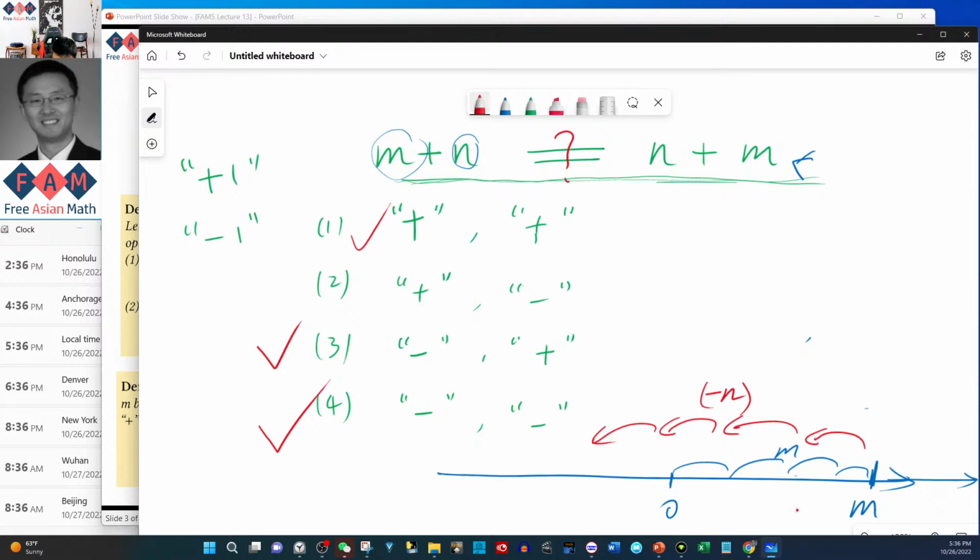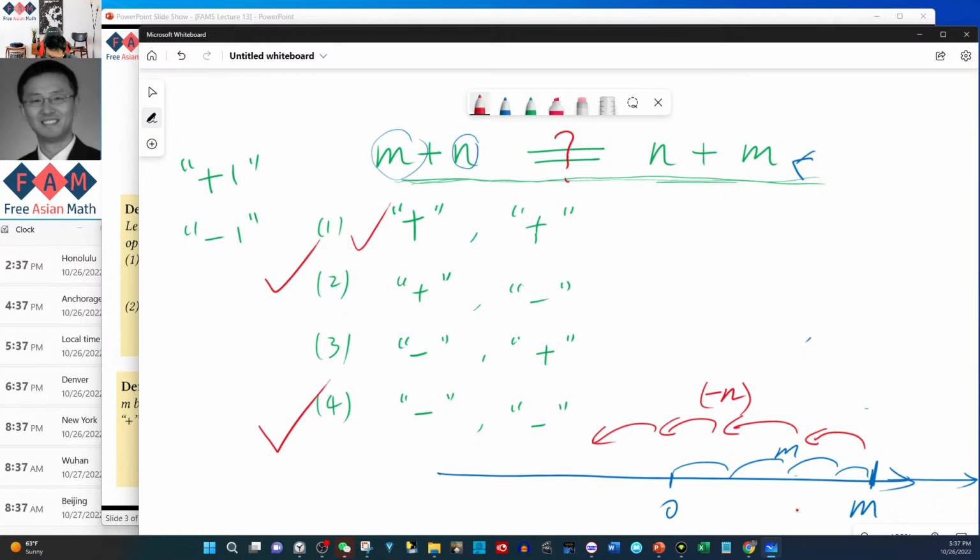And finally, you have this third case. m is negative, but n is positive. So that's very similar to the second case, right? Essentially, you just swap those two orders.